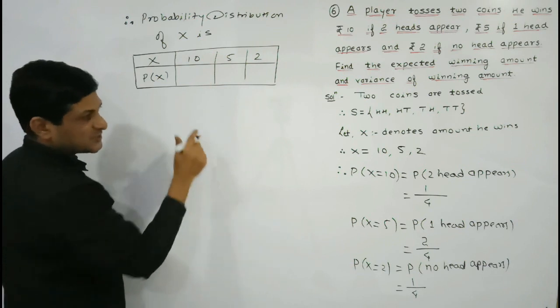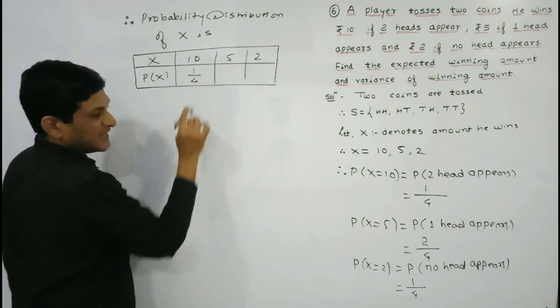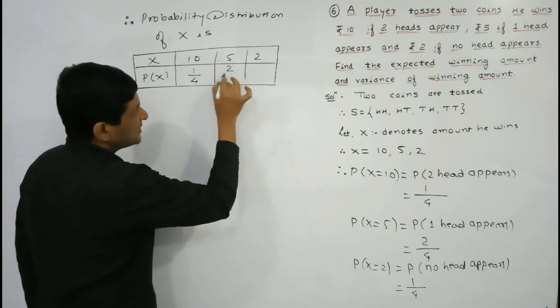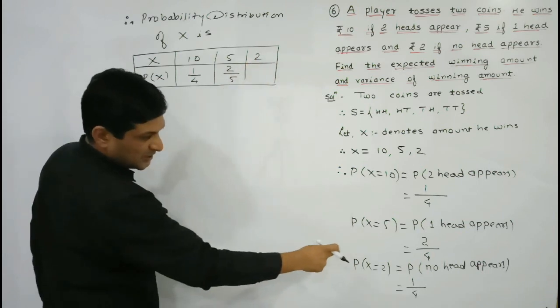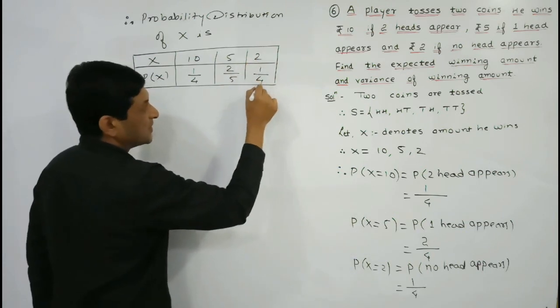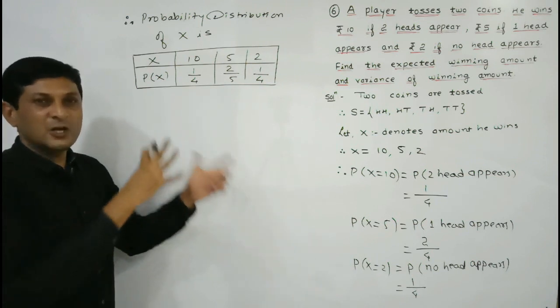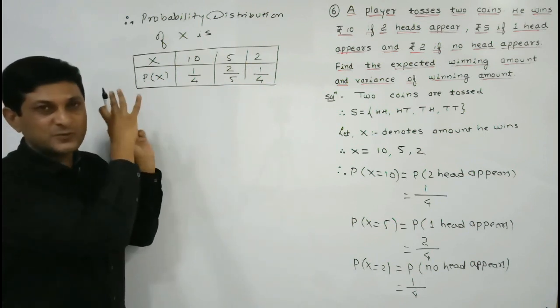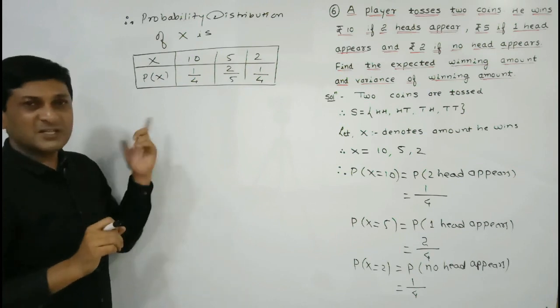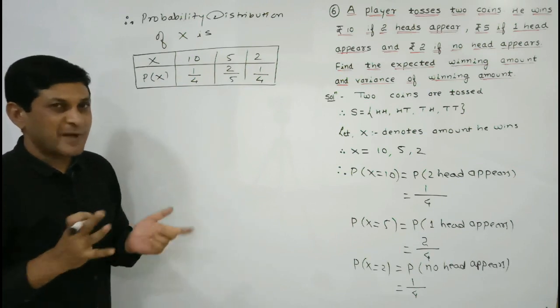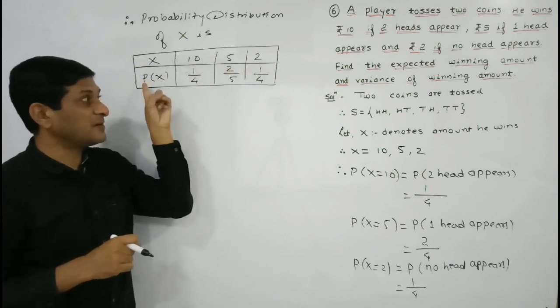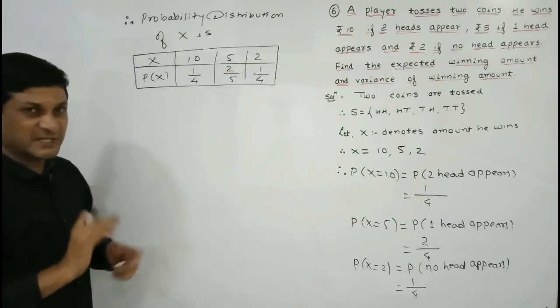In the first case its probability is 1 by 4. When x is equal to 5 its probability is 2 by 4, and when x is equal to 2 its probability is 1 by 4. We have collected all these values in tabular form, and such a representation is called the probability distribution, meaning the values of the random variable together with their probabilities.